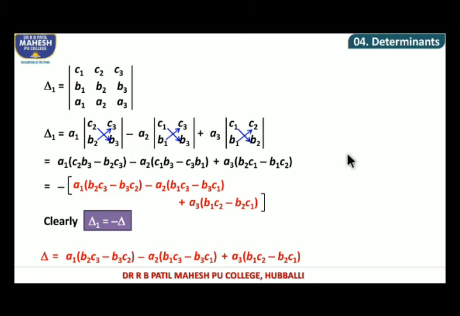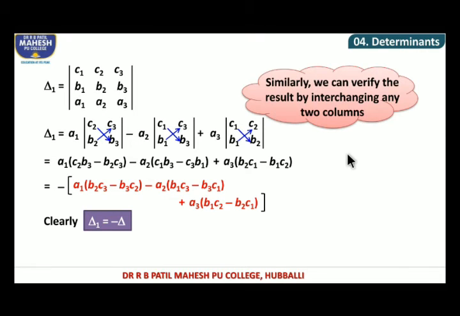So students, it is a general verification. If you want to understand this better, I will take one more example. Also observe here, we can verify the result by interchanging any two columns also.